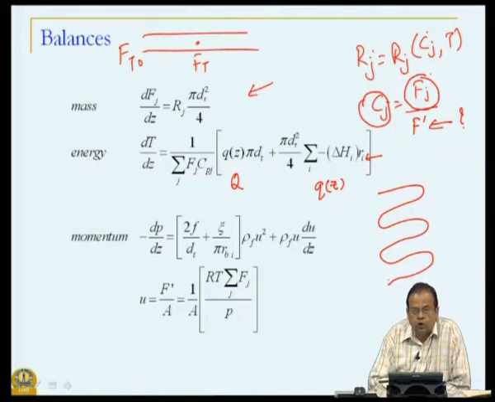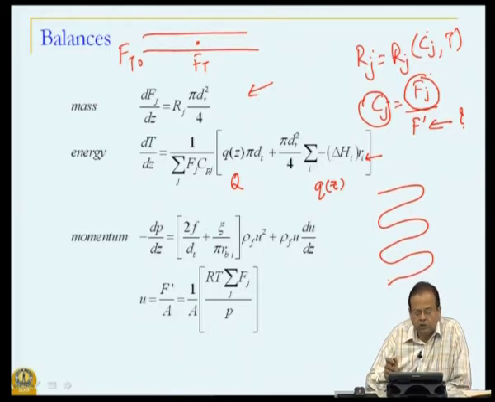Okay. So, in this you can easily expect that there will be some pressure drop, and that is the reason we have to account for this pressure drop. Now, why do we have to account for this pressure drop? It will become clear in just a minute.